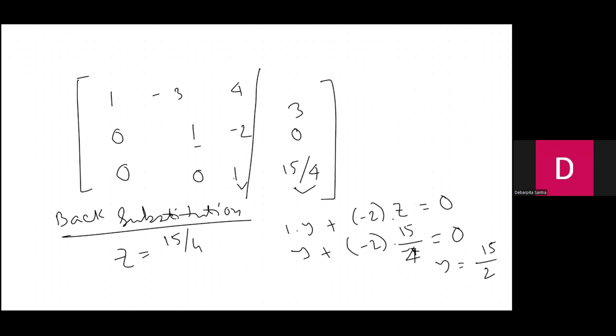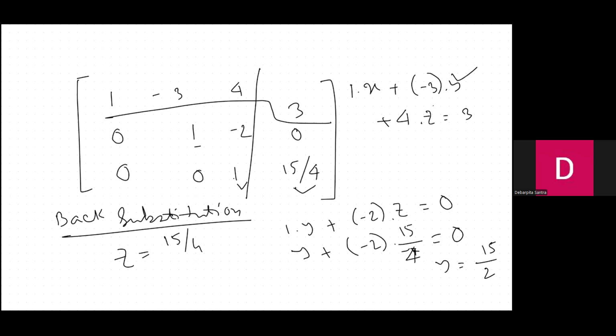And from the first row, it is 1 into x plus minus 3 into y plus 4 into z is equal to 3. We already know the values of y and z.